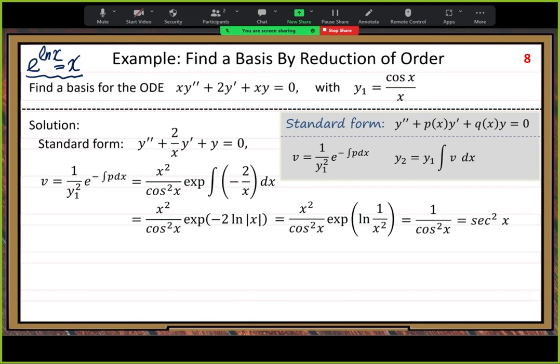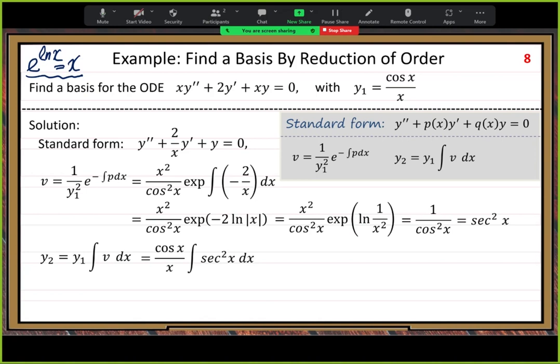Second formula, the y2 formula. Now this time everything is known. y1, we copy y1 inside the integral of secant square of x dx. Do any of you know the formula? What is the integral of secant square?